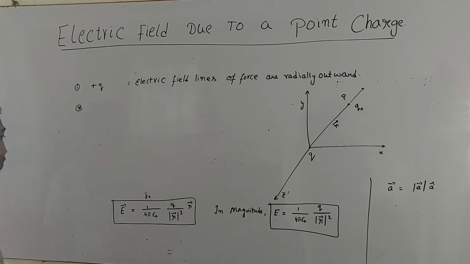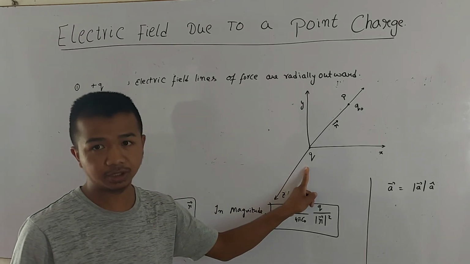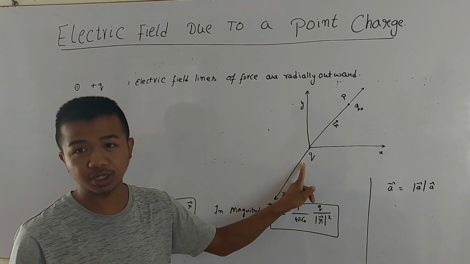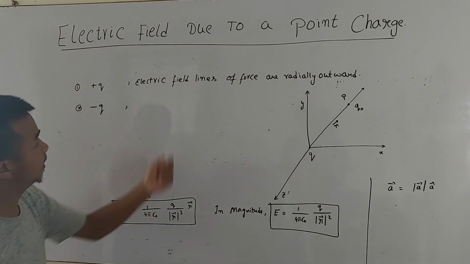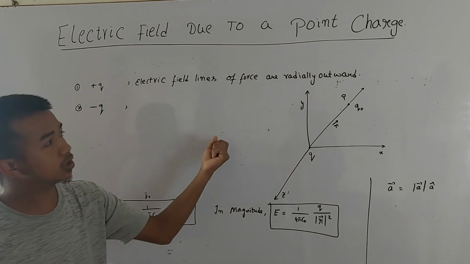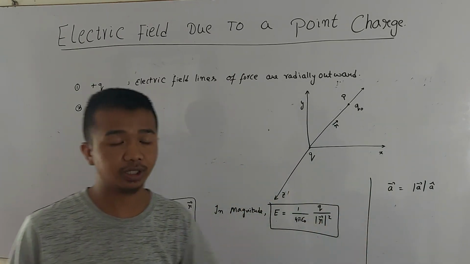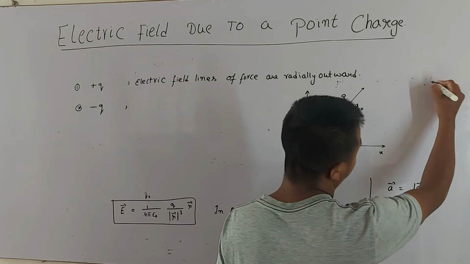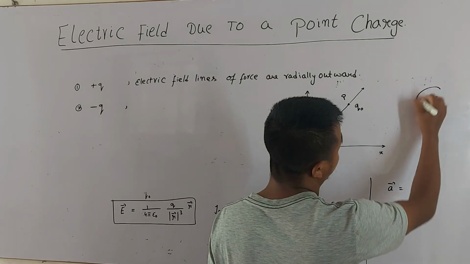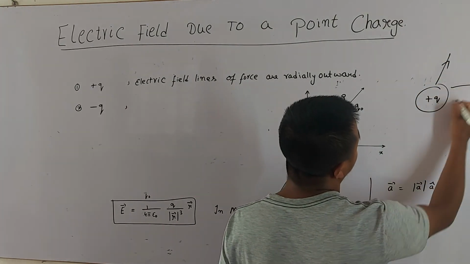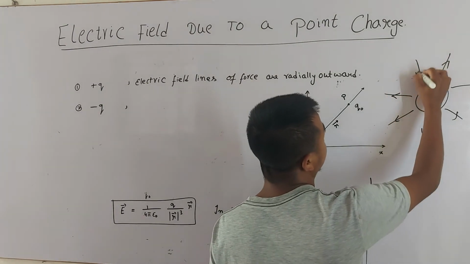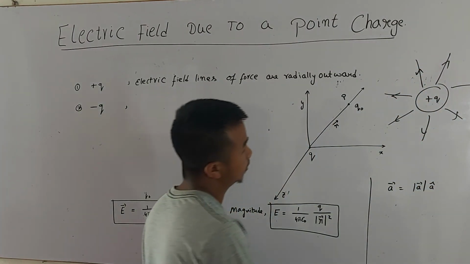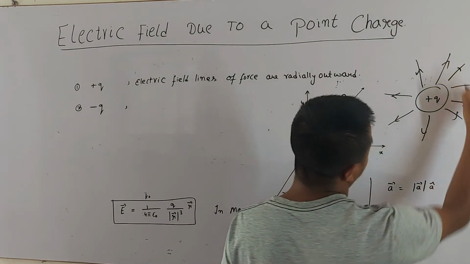Number 2: if the point charge is negative, then the electric field lines of force are radially inward. Like we have discussed earlier, if this is plus, then outward, like this.